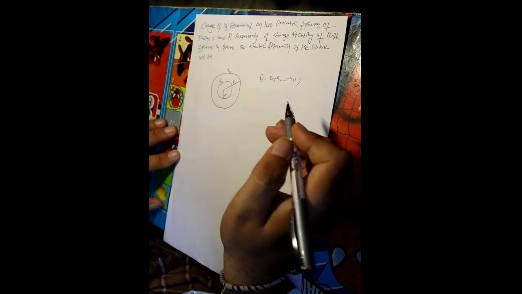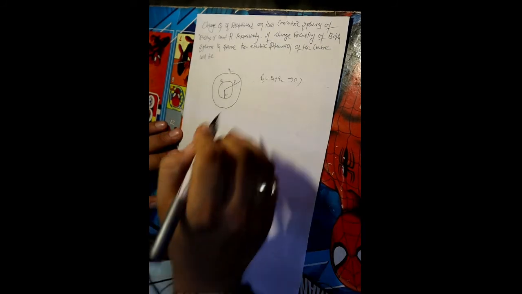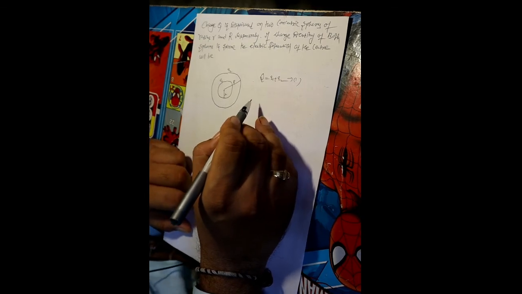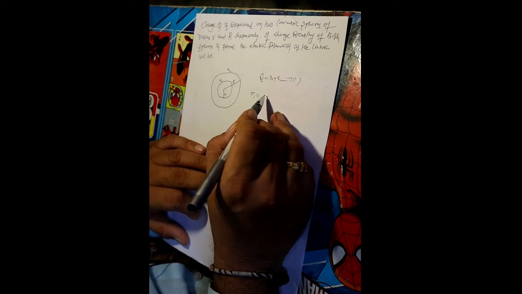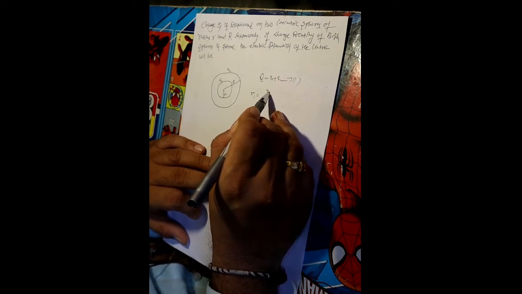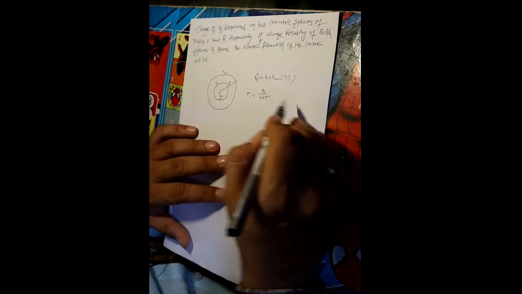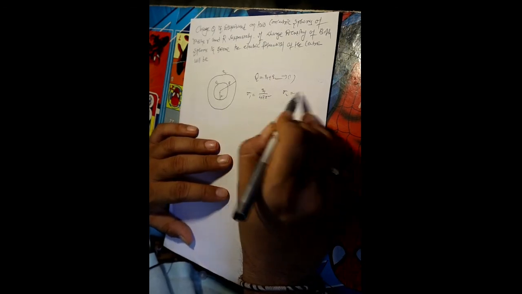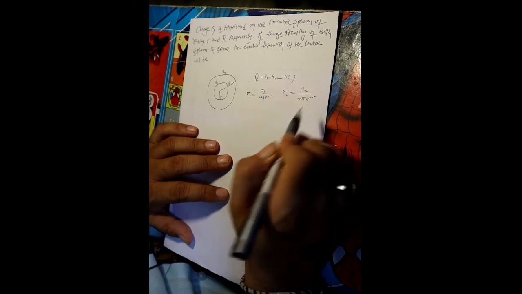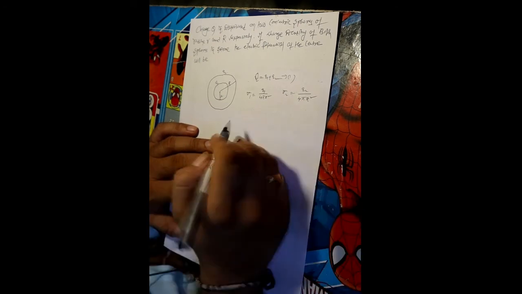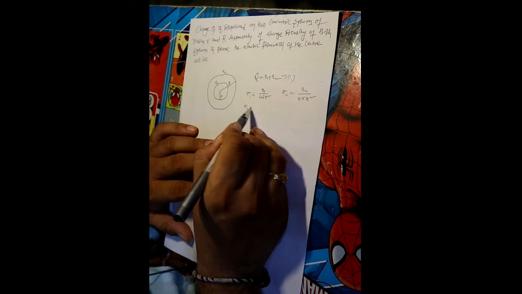Now the given charge densities are equal. Charge densities are equal means here sigma 1, charge density of the inner sphere, is equal to Q1 by 4 pi r square, and sigma 2 is equal to Q2 by 4 pi capital R square. They are equal, so sigma 1 is equal to sigma 2.